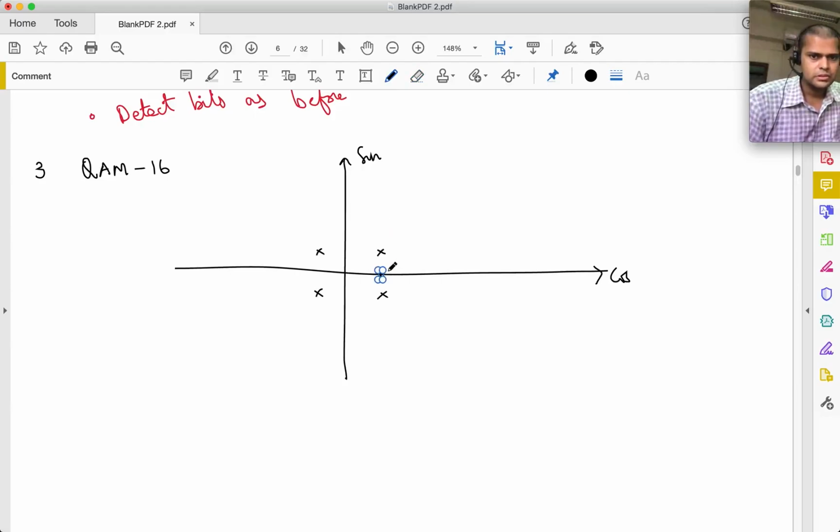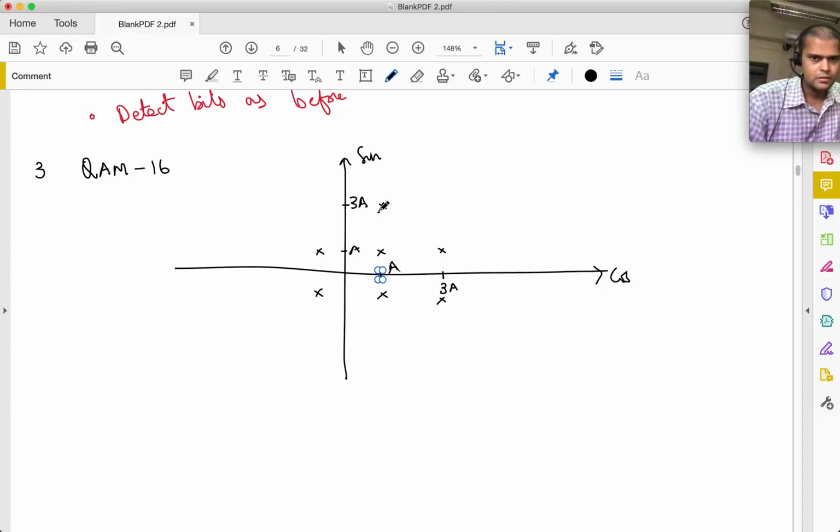So suppose this is, let's say, a distance A over here. Normally what I do is I go to 3A. So this is A and I go to 3A.